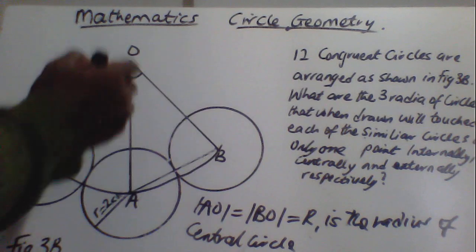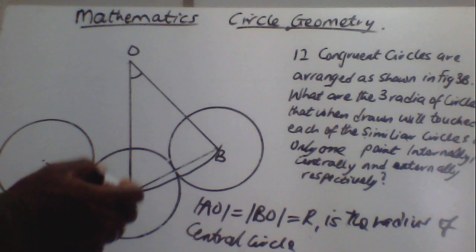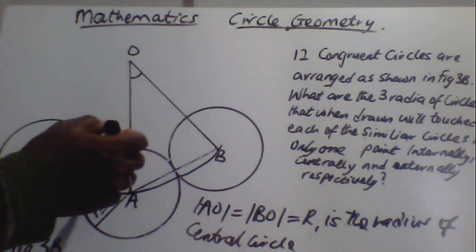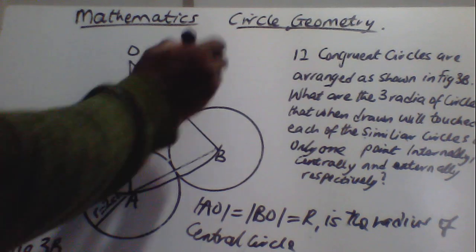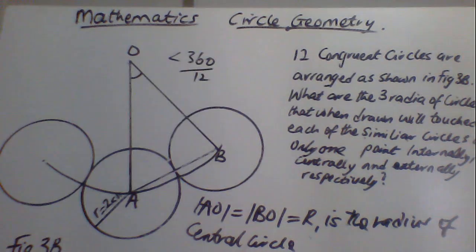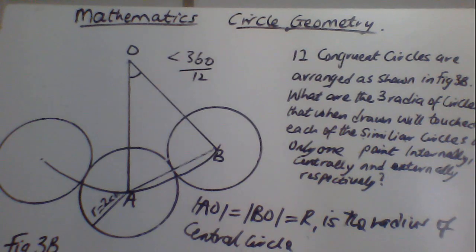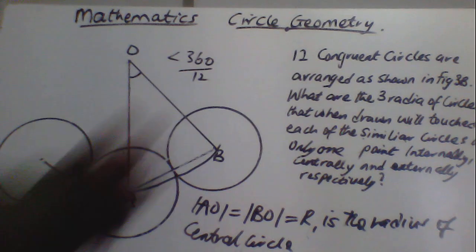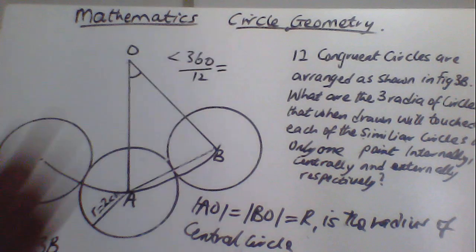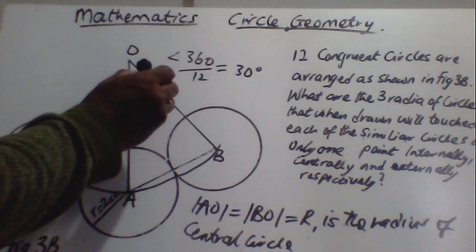So each of the 12 similar triangles AOB will have a central angle of 360 divided by 12, because there are 12 congruent circles that join together to form a circle. When we solve it, the angle is 30 degrees. So the angle here will be 30 degrees.